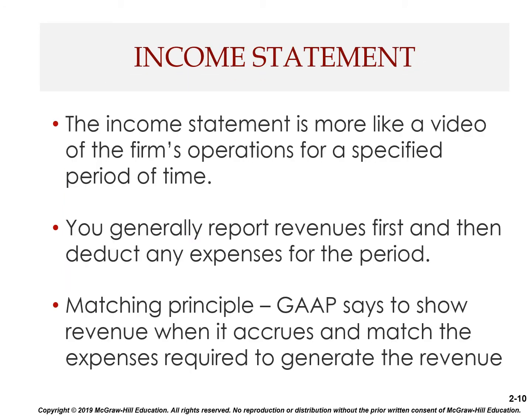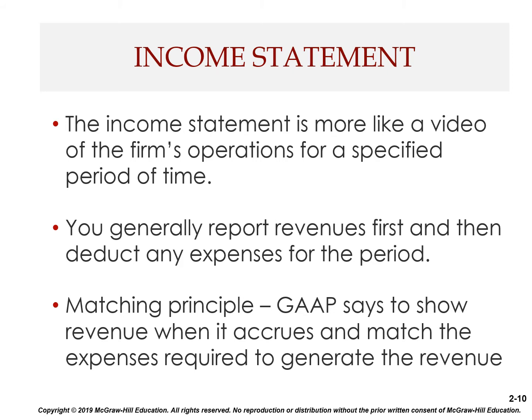The next financial statement is the income statement, and that is where we show revenues and expenses for a period of time. So we try, according to GAAP, to the best of our ability, to match expenses that were caused by a revenue in the same accounting period or on the same income statement.